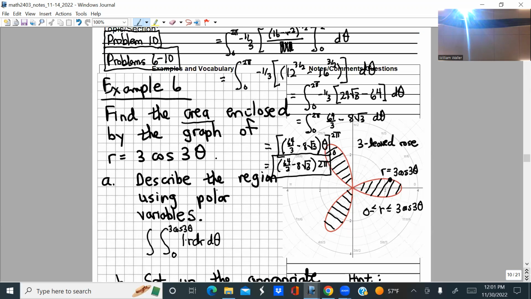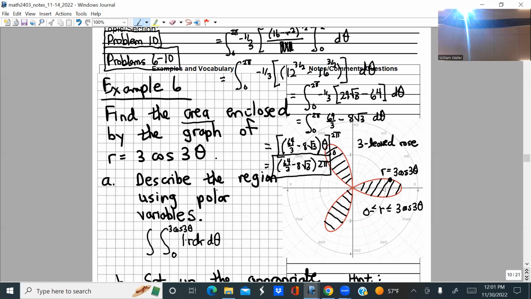Now, the tricky part here, however, is the angle. What does the domain of theta have to be? How large and how small does theta have to be so that we can get this full 3-leaf rose?